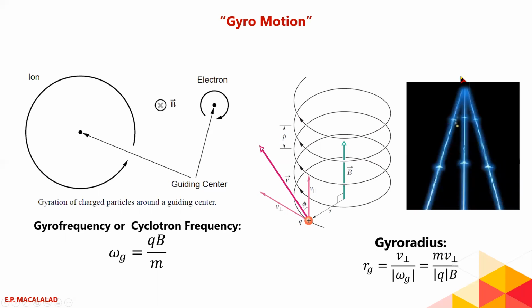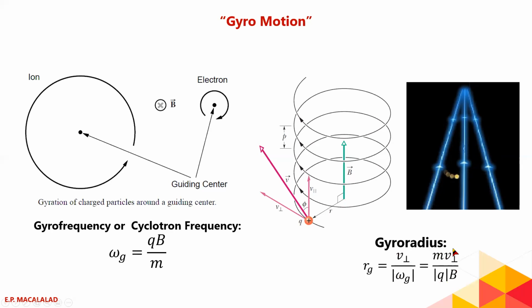So this is the direction of your parallel magnetic field in a perspective mode, and this will be the direction of the charged particle. And this time the radius of gyration r will now be dictated by only the perpendicular component of the velocity. So what does it mean?